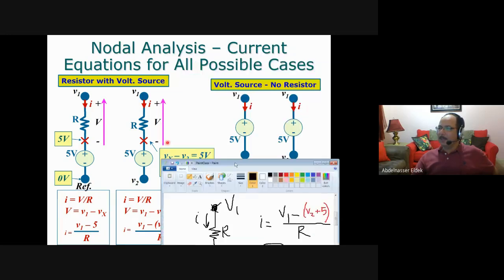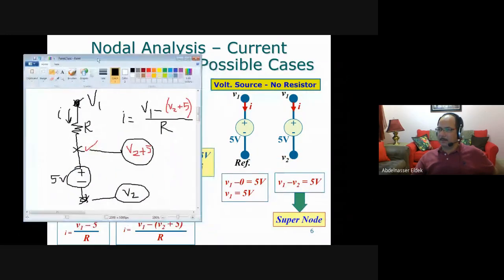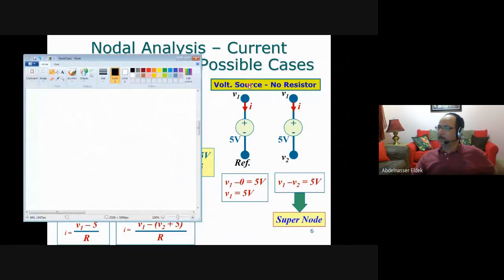Let's look at the next example. Here, for example, this one is a reference, and here is V1, and I want to calculate I. Remember this: there is no way to calculate the current in nodal analysis except by the two ways I explained to you before. Number one, you have a current source.